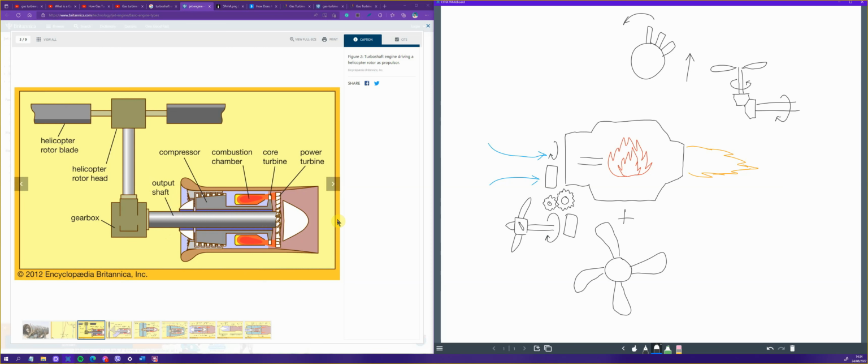Bakit kaya? Ano kaya sa tingin nyo? Ano kaya mangyayari pag yung output shaft ay nasa exhaust side? Dito. Ano kaya mangyayari sa gearbox?